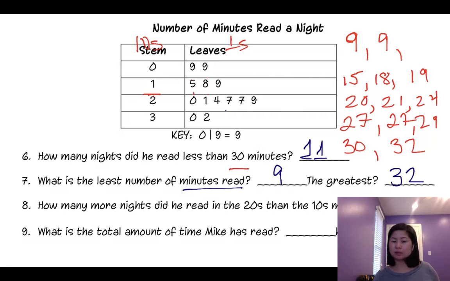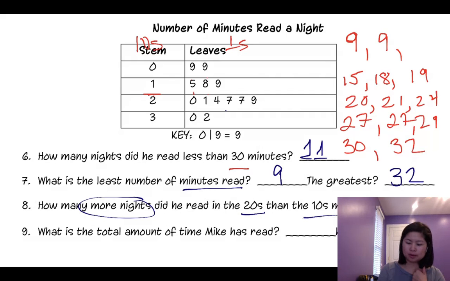Read question number 8. Be careful. I have two answers for this one, 6 and 3. What do we think? Is that how many more? We're going to compare the 20s and the 10s, right? This is the 10s, this is the 20s.